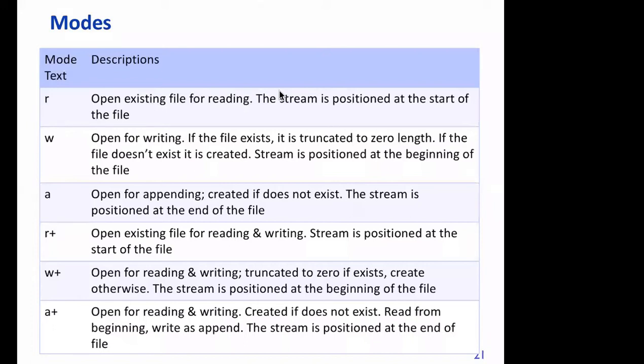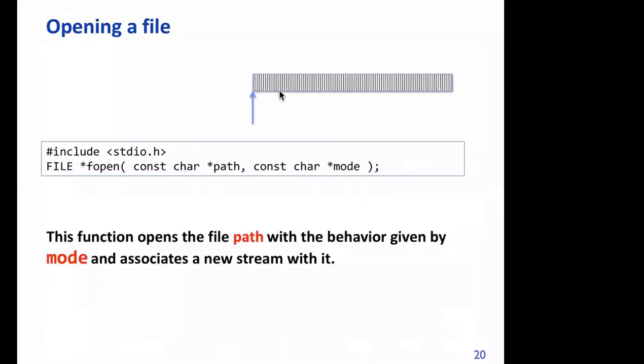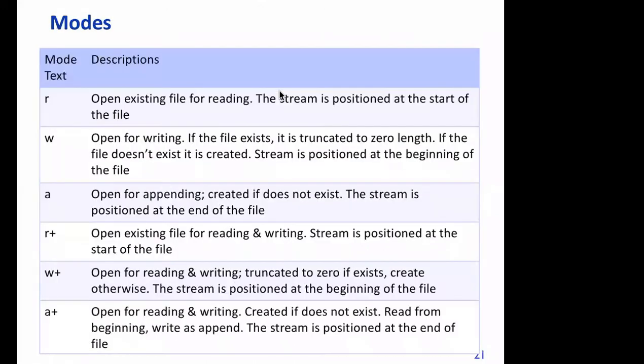Now the second mode is writing. When we open for writing with W in the mode argument, if the file exists, it will be truncated to 0 length. If the file doesn't exist, then it's created, and the stream position is at the beginning of the file. The third mode is append.